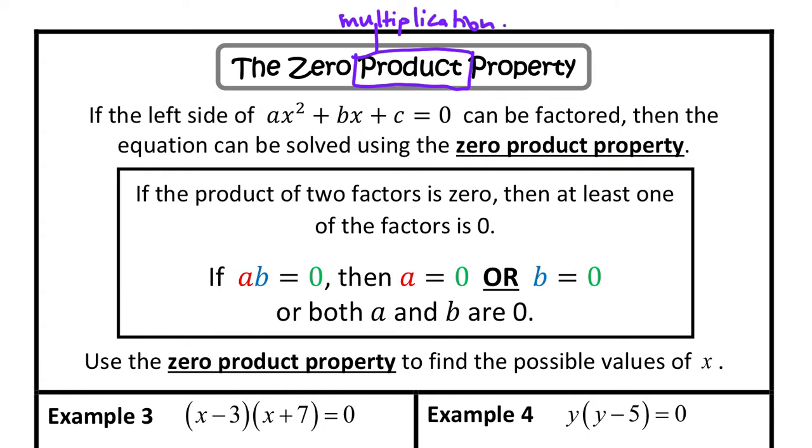So what does the zero product property state? It says if the product, or the multiplication, of two factors is 0, then at least one of the factors is 0.